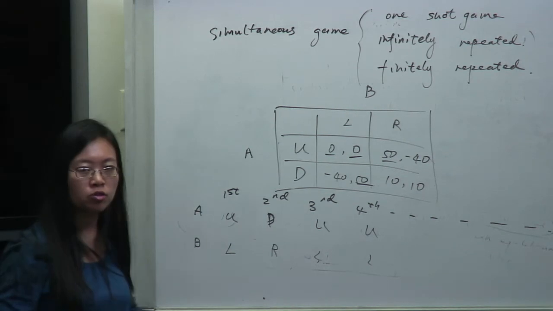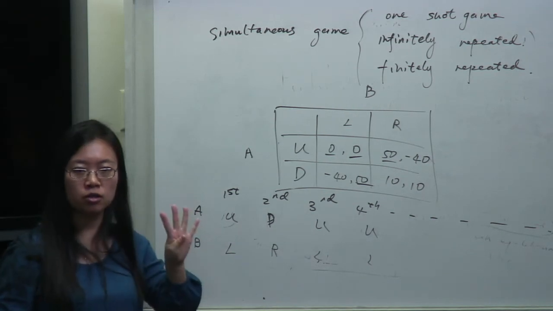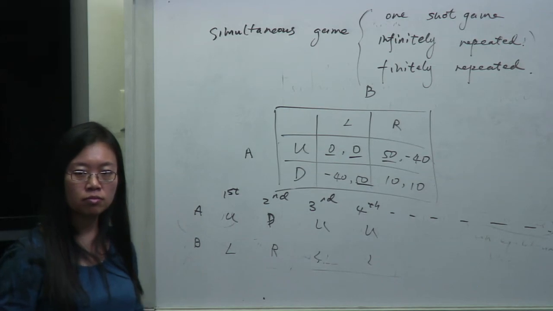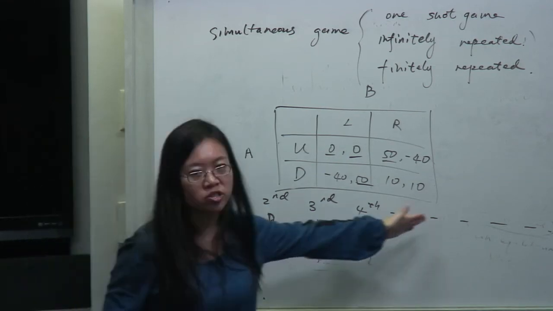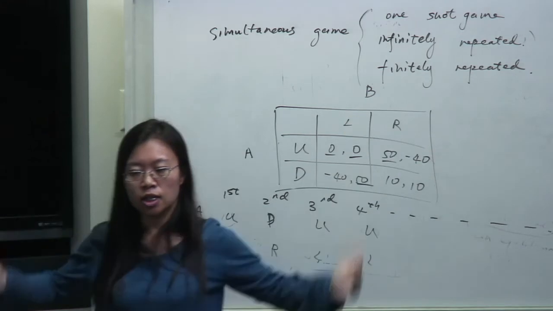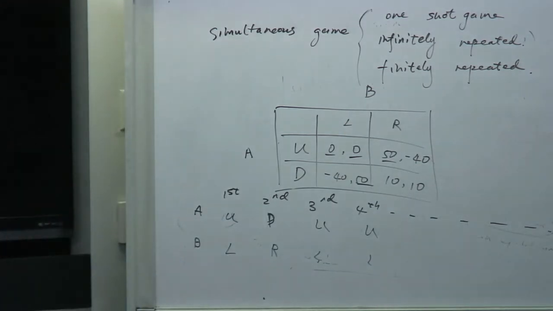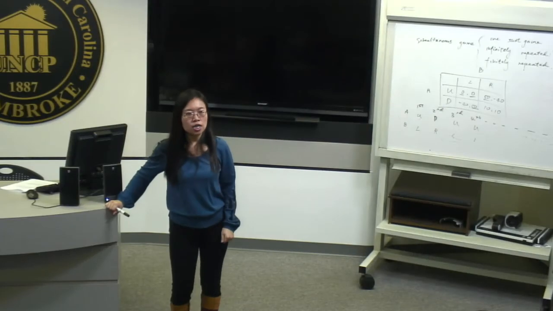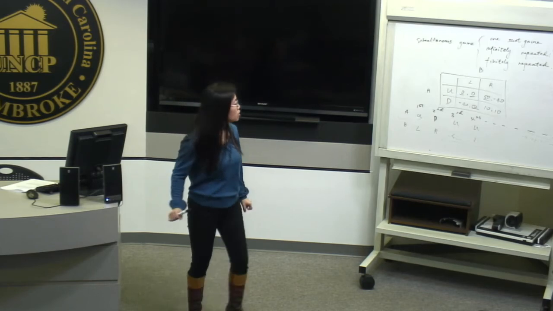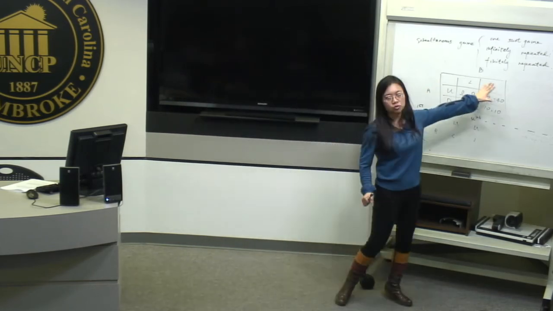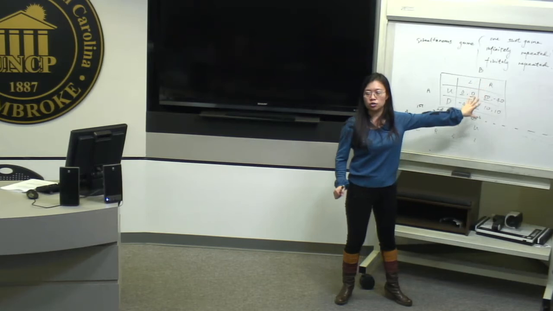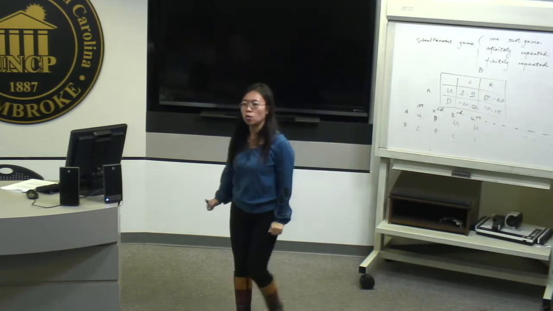Then the next round, another four possible outcomes. But how many periods do you have? Infinite. So we have infinitely many possible outcomes. That's why we are not able to use the matrix box or normal form representation to represent the possible strategies anymore.